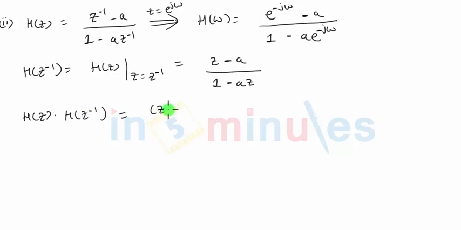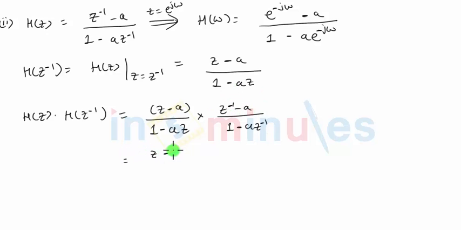H(z) that we just now got is (z minus a) upon (1 minus az), and H(z inverse) is (z inverse minus a) upon (1 minus az inverse). Now let us convert the second part, H(z inverse), into the form of positive powers.